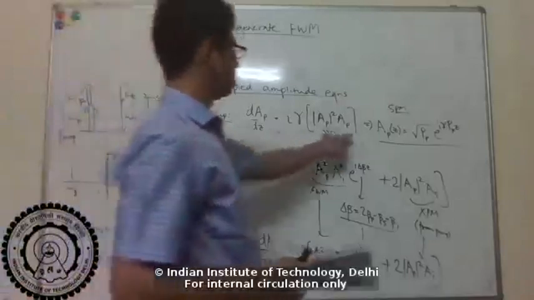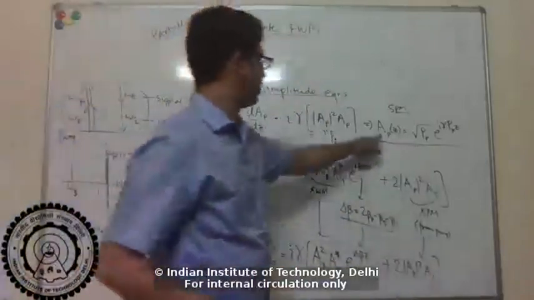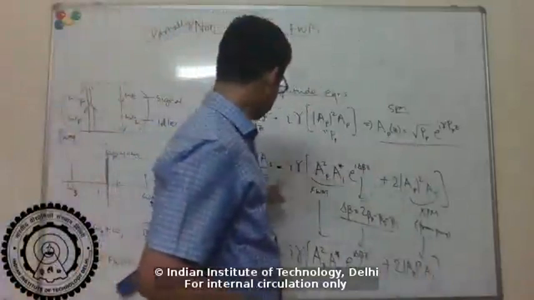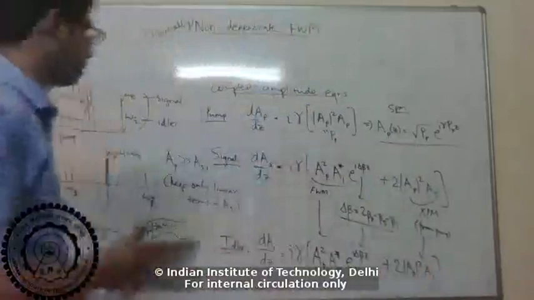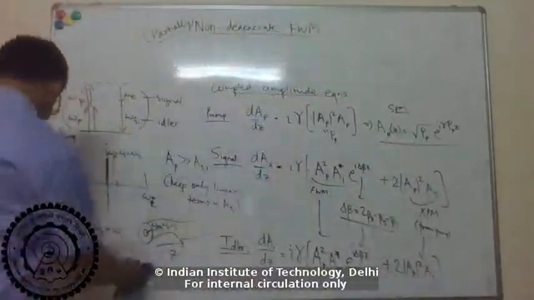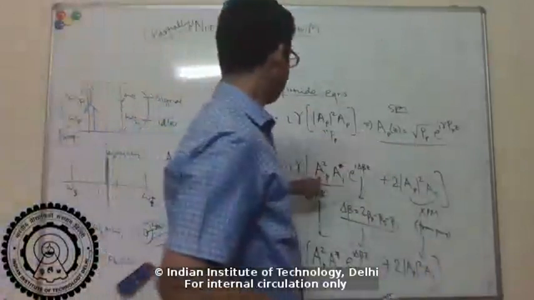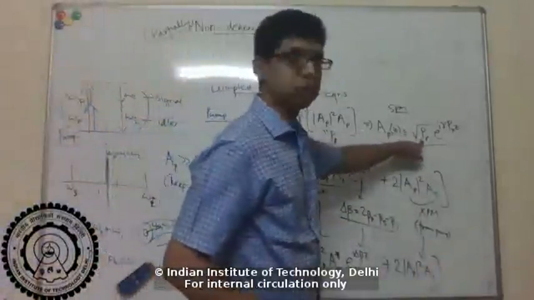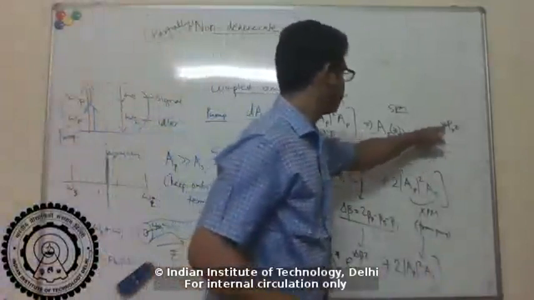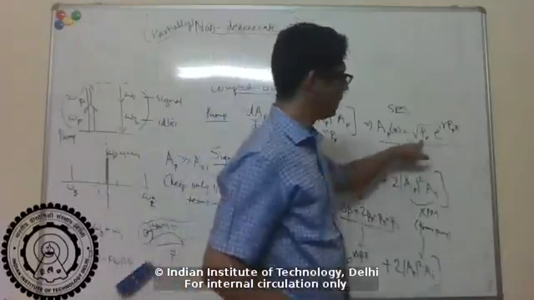Okay, so we already know the solution for the pump. So we can plug in AP into the equations for signal and idler and then try to solve them. So from here, when you plug in AP square, you get PP, the pump power, and then this phase, and then mod AP square you just get PP, the pump power.